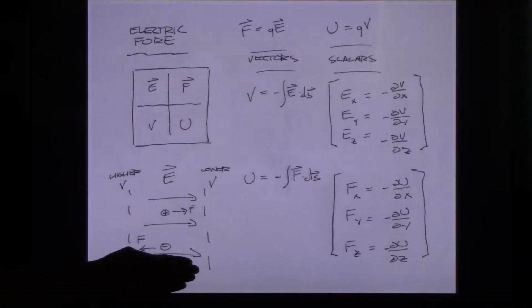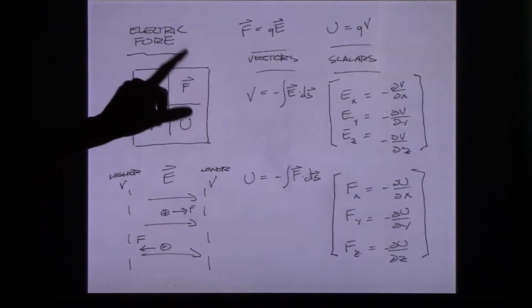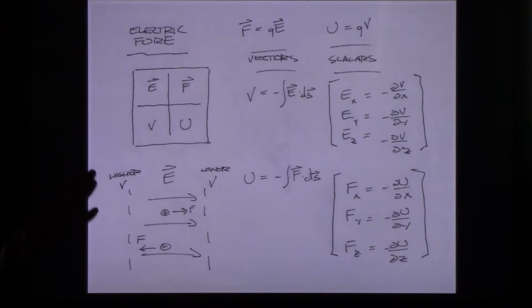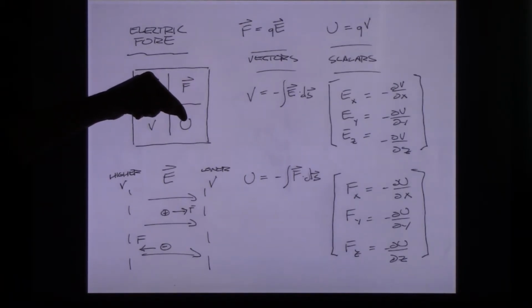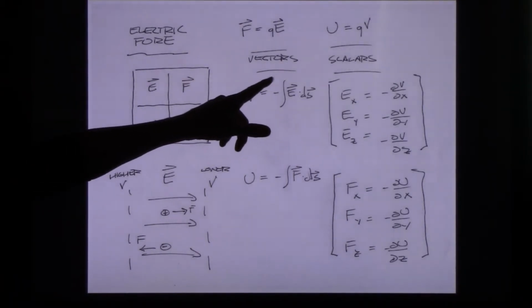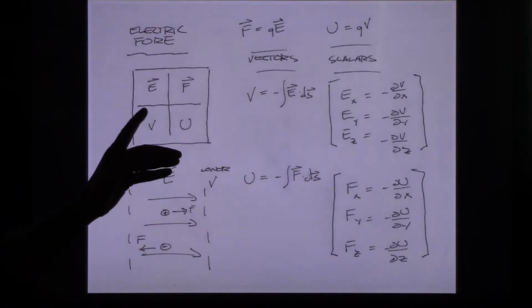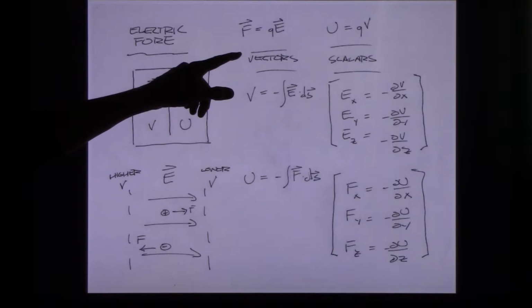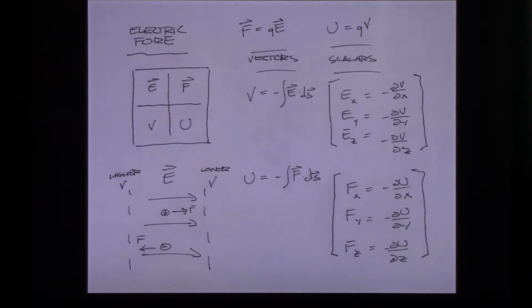But if the charge that we place in there is negative, then the force will be in the opposite direction. So the very same big four: electric field, electric force, electric potential, electric potential energy. I've got a pair of vector quantities and a pair of scalars. Equations look just the same, except there are Q's instead of M's, and there's an electric field instead of a gravitational field.